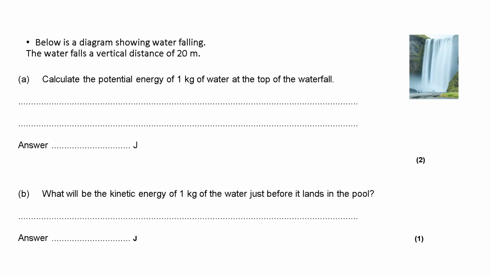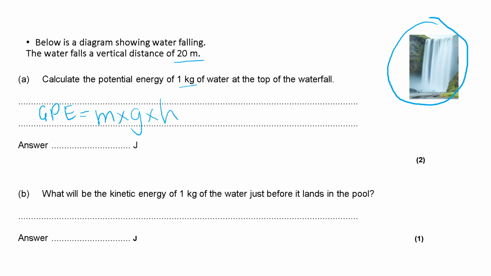Now in this next question, we've got water falling and it's going to fall a distance of 20 meters. We are asked to calculate the potential energy of 1 kilogram of water at the top of the waterfall. So because it's raised, we're going to be looking at gravitational potential energy, which again is mass times gravity times height, and the mass is going to be for 1 kilogram of water.